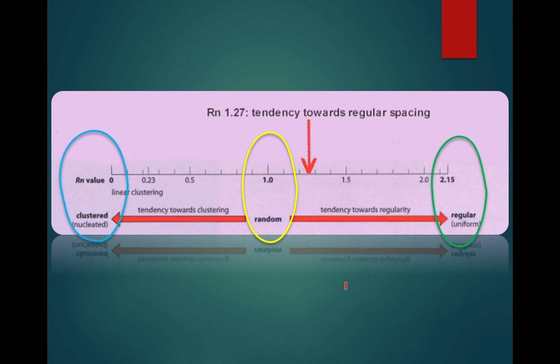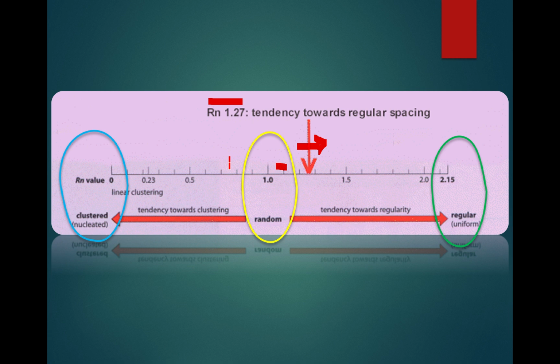And if we get a value closer to 0, that means we're dealing with a more clustered, positively spatially autocorrelated data set. So if we have an ANN value of 1.27 for our average nearest neighbor value, that means that we're close to random, but we're verging a little bit towards regular spacing.